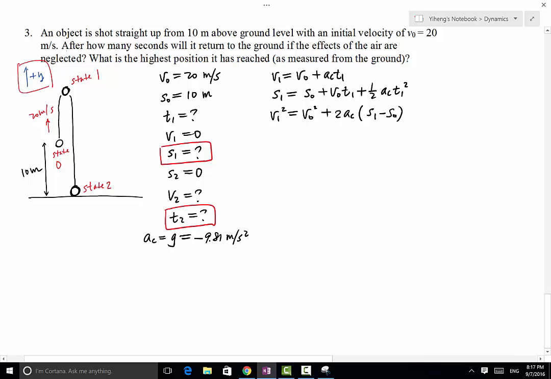So we can apply these three equations between state 0 and state 1. These three equations apply to constant acceleration, which is what we have now.